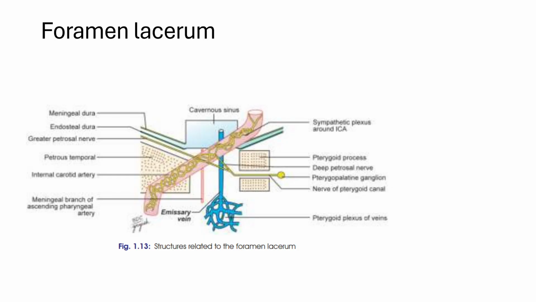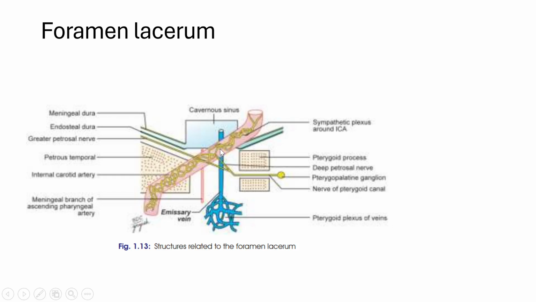Now the very important foramen is the foramen lacerum. So basically in this foramen lacerum, during life, the lower part of the foramen is filled with cartilage and no significant structure is passing. However, the upper part of the foramen is traversed by the internal carotid artery.